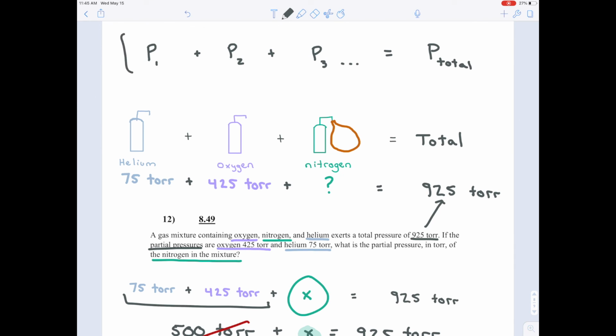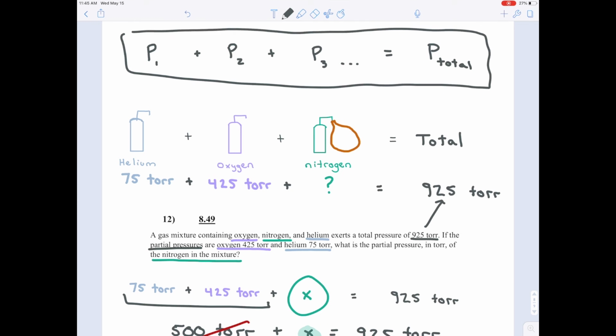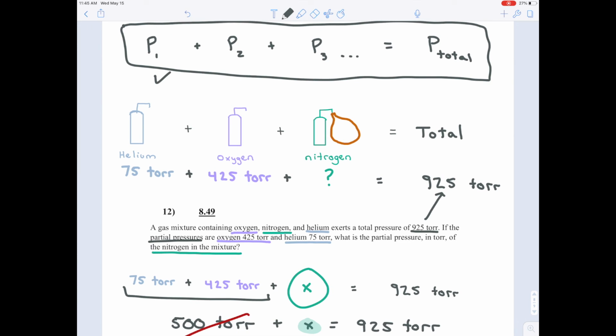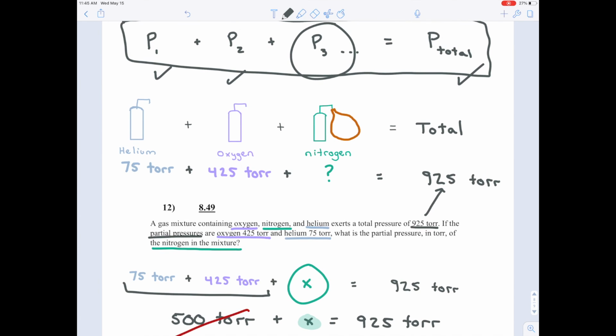This is the equation that we really thought through and derived ourselves in this problem. And you can use this equation to solve for any of these variables if you have all of the others. So in this one, we had 2 of the 3 partial pressures and the total, so we could solve for the third. The partial pressures add up to the total pressure, and you can use that to find relationships between them.